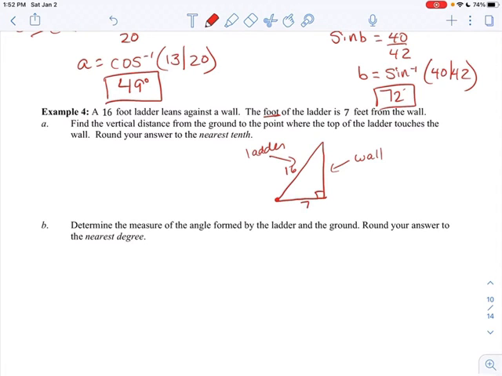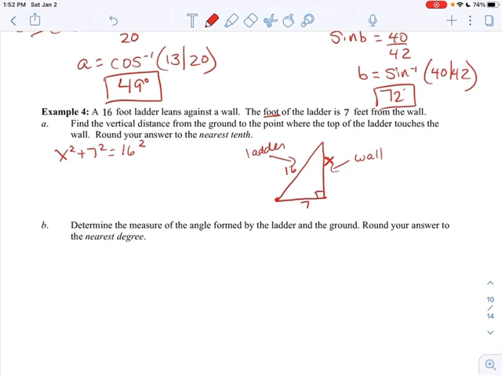And they want me to find the vertical distance from the ground to the point where the top of the ladder touches the wall. So actually I'm trying to find this right here. I'm going to find this side right here, the height of that wall from the bottom to where the ladder touches. I can't use trig because I don't have an angle. I have two sides. So I'm actually going to use my Pythagorean theorem. x^2 + 7^2 = 16^2.